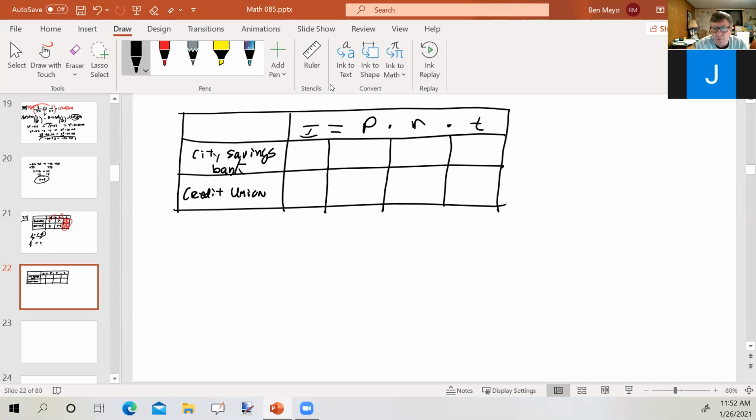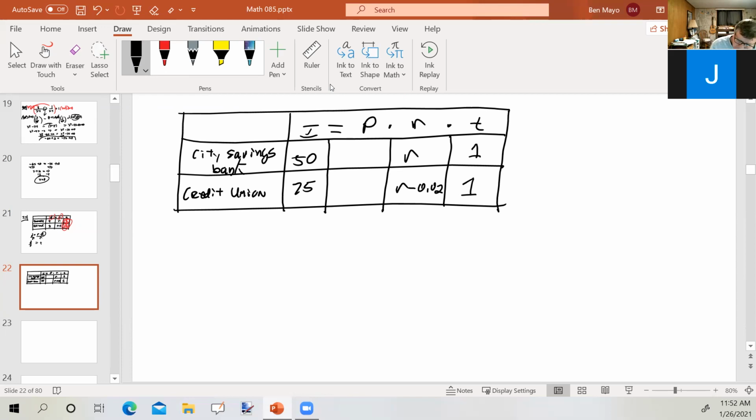Interest equals principal times annual interest rate times time in years. Okay, and we have a 50 and a 75. The time is 1 and 1. The rate is R and R minus 0.02. And we're supposed to find P.